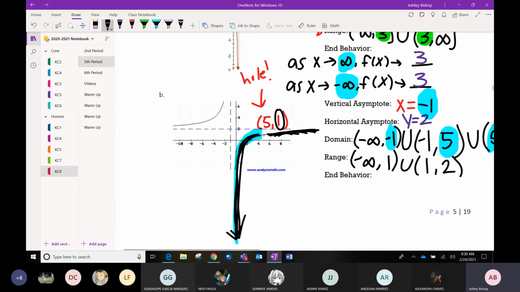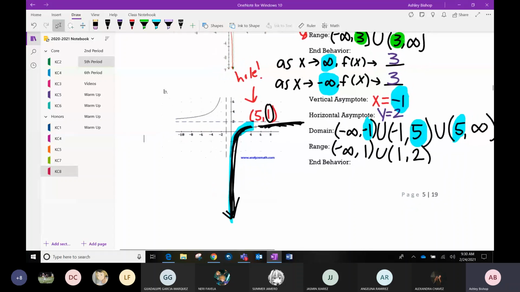Now I need to do the range of this side of this graph. The lowest point of this side of the graph happens here, again, at my horizontal asymptote. My horizontal asymptote is 2 again. And that should make sense because I don't want any jumps.